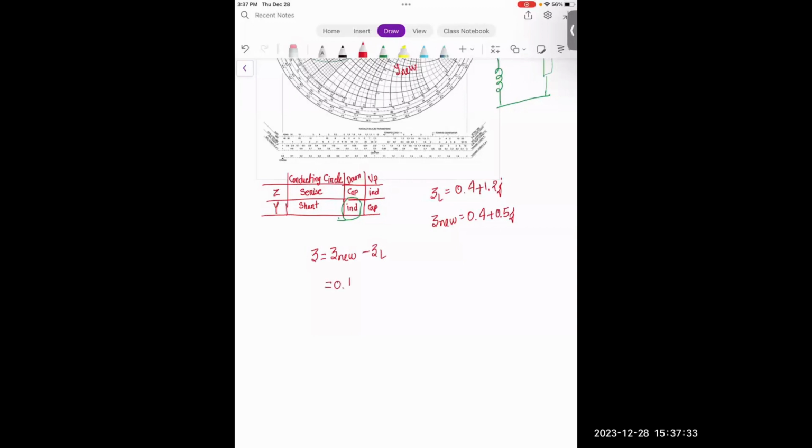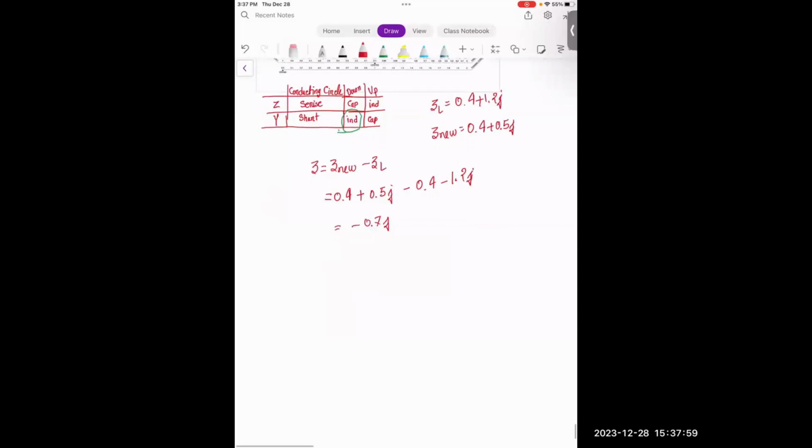It is 0.4 plus 1.5j minus 0.4 minus 1.2j, which is going to be negative 0.7j.